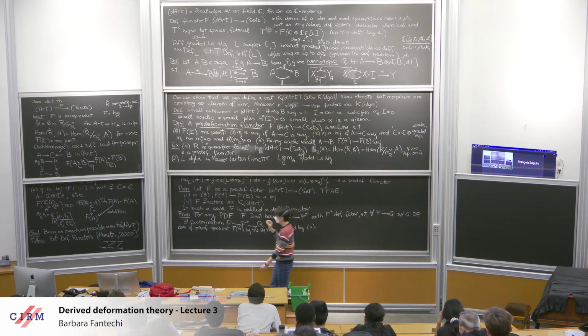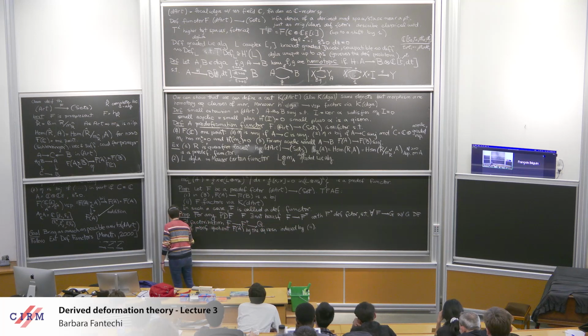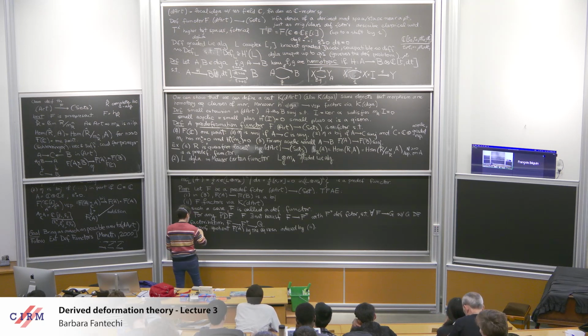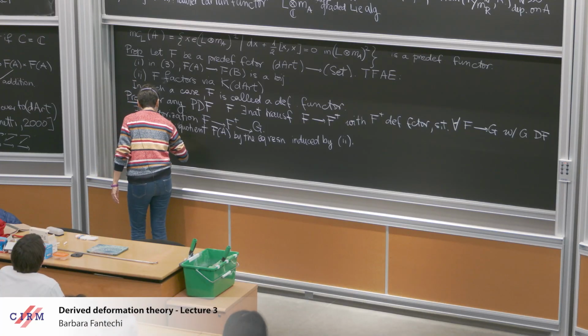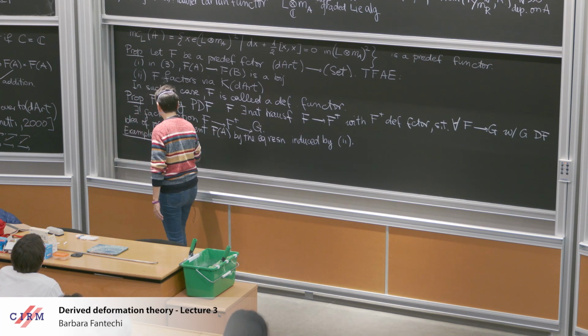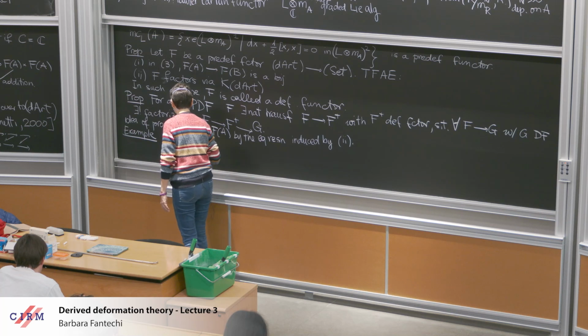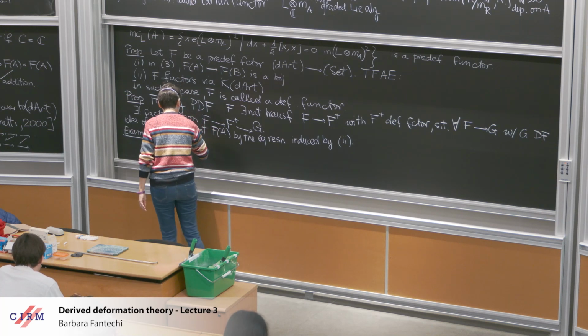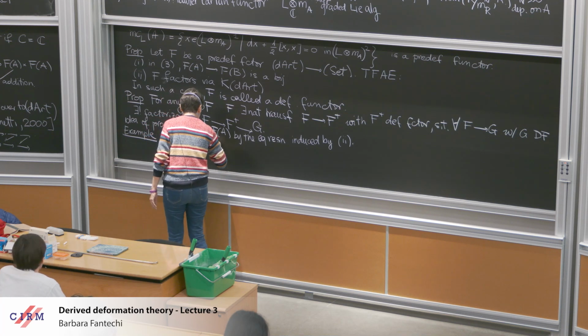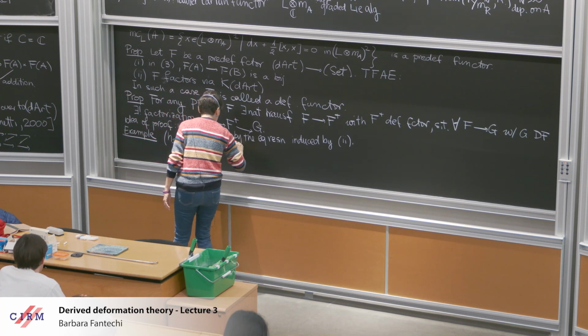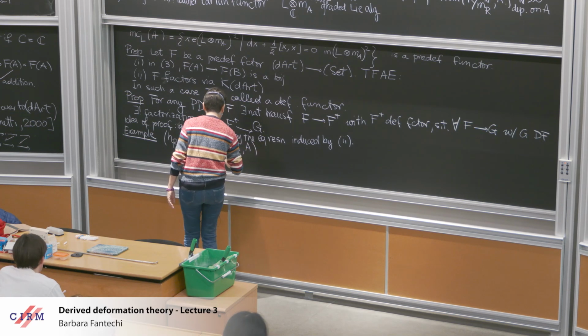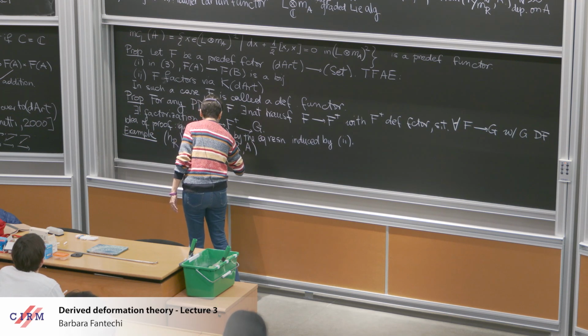Okay, so, an example. If we take the h_R we wrote above and take plus, this is just given by Hom from R to A in the homotopy category.